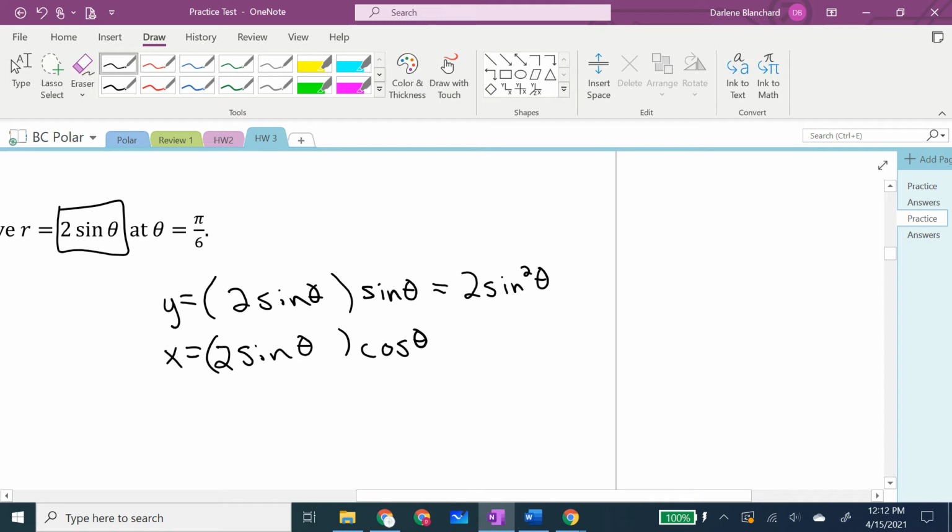For x, does anyone happen to see a familiar look to that, to sine theta, cosine theta? Don't worry about it if you don't. Anyone over online kind of go, hey, I think I remember that in a trig identity.